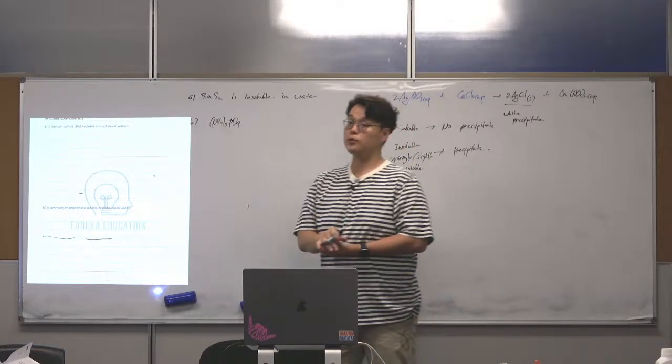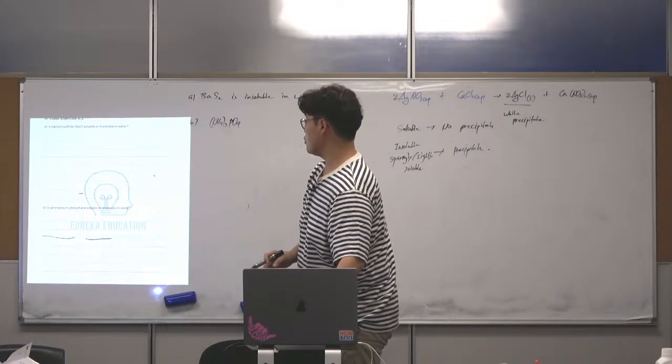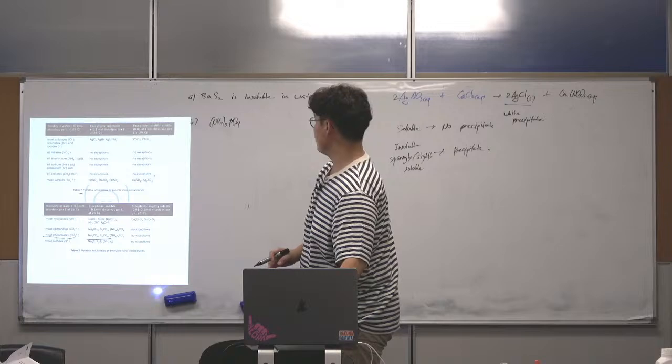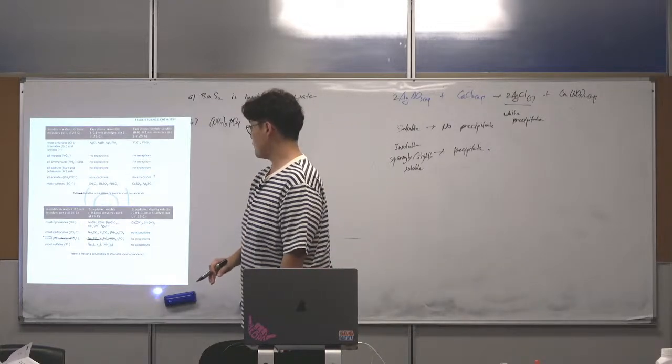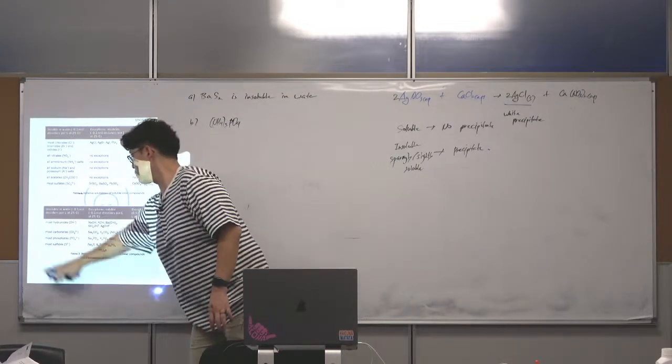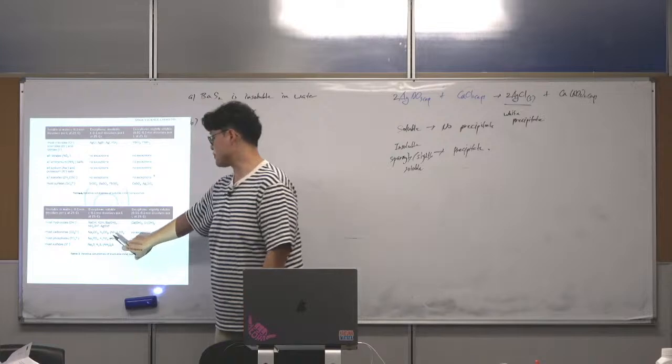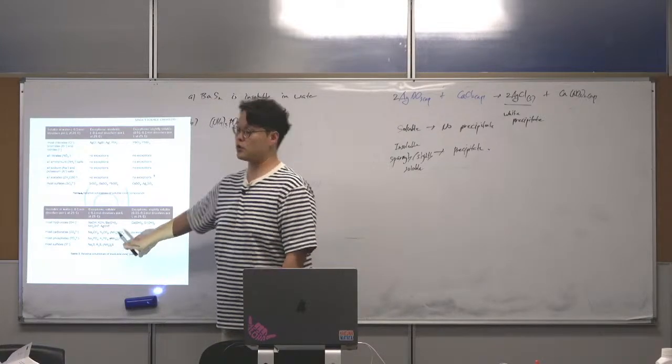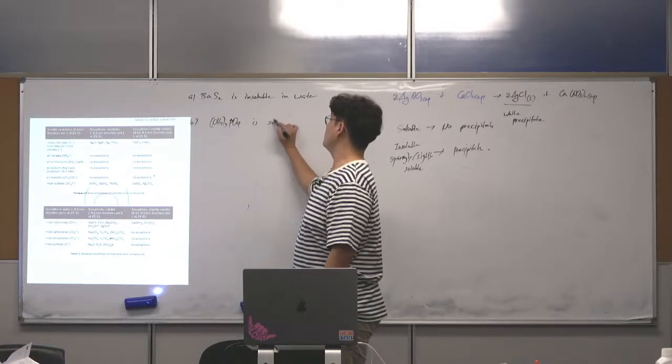It's soluble. How do we know? You can either use the SNAP, or let's have a think about the phosphate. Most of the phosphates are insoluble, but we have an exception of ammonium given here. So this is soluble.